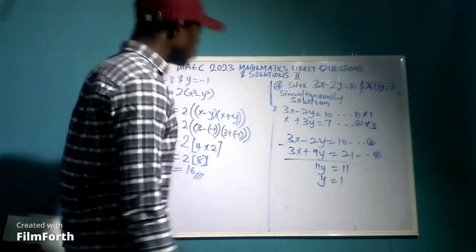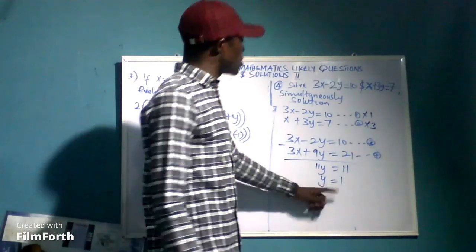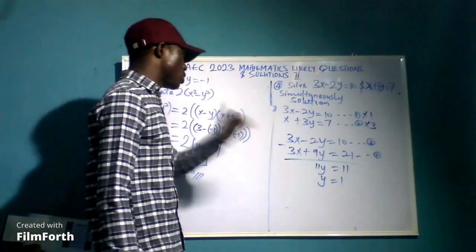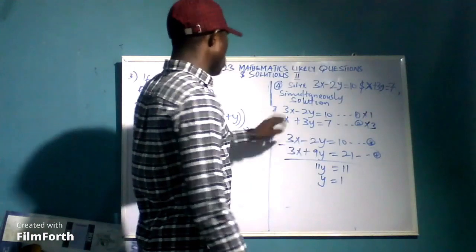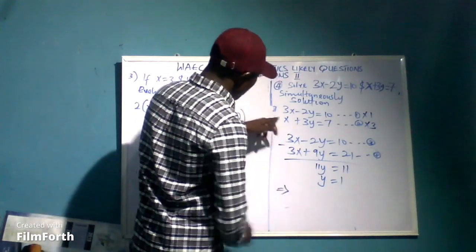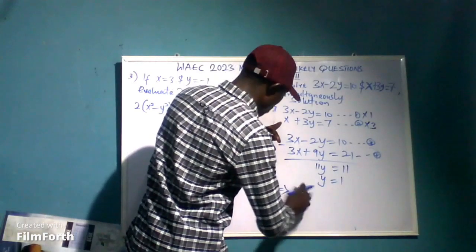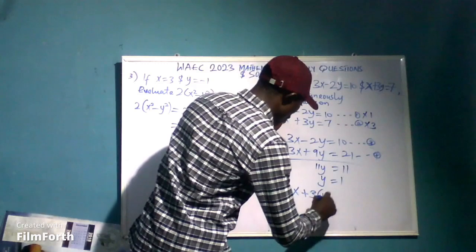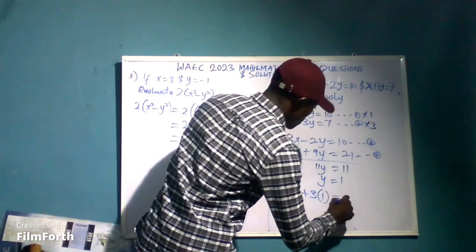And since we have y equal to 1, we substitute the value of y into equation 1 or 2. Let's use equation 2. Substituting the value of y into equation 2, we have x plus 3 into bracket the value of y, which is 1, equal to 7.